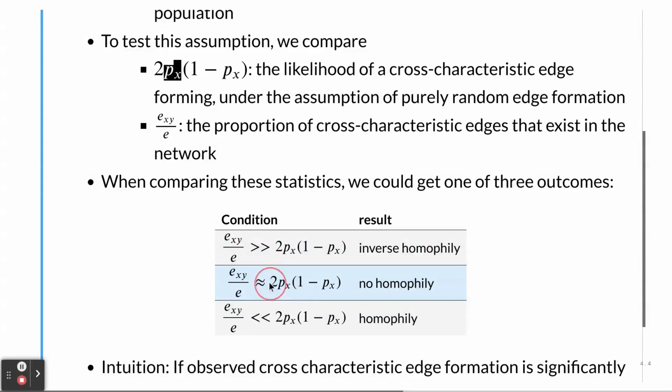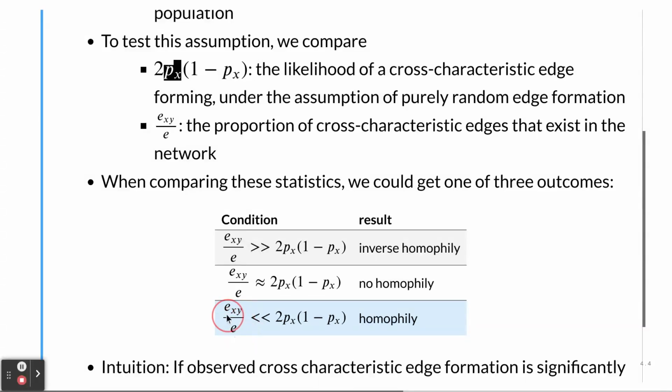Now, there's another case where the actual observed number of edges is significantly less than what we would have expected under our hypothesis of no homophily. In this case, we would reject that hypothesis and say that there is evidence of homophily. Because if you remember, this E down here is the total number of edges.